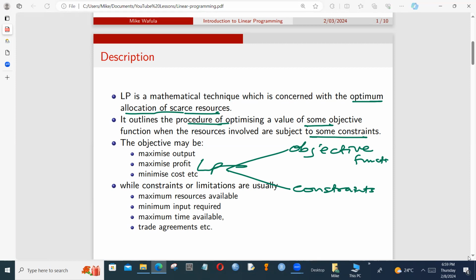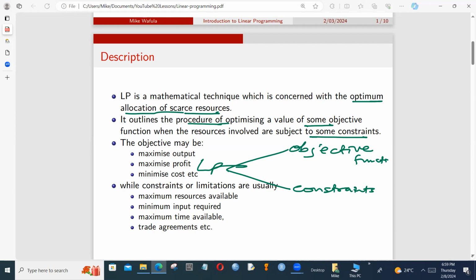And so the objective function, which is always a linear function of the variables that we seek to determine, is always of either maximization or minimization kind.